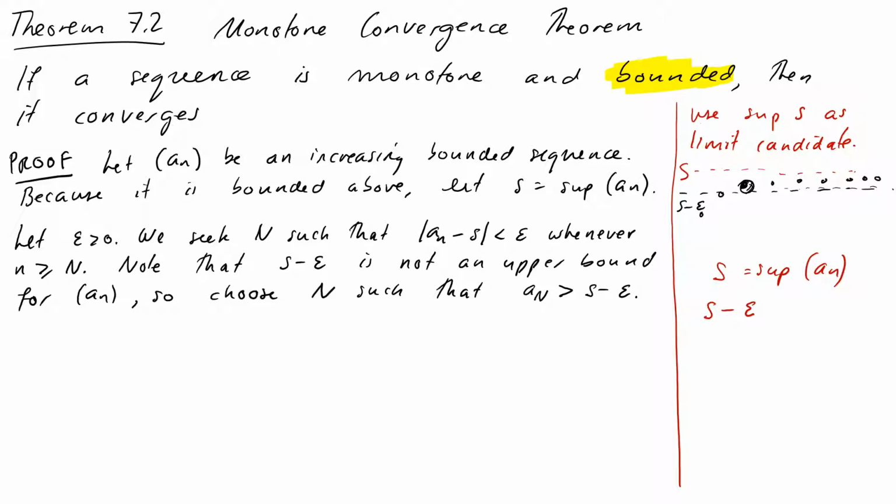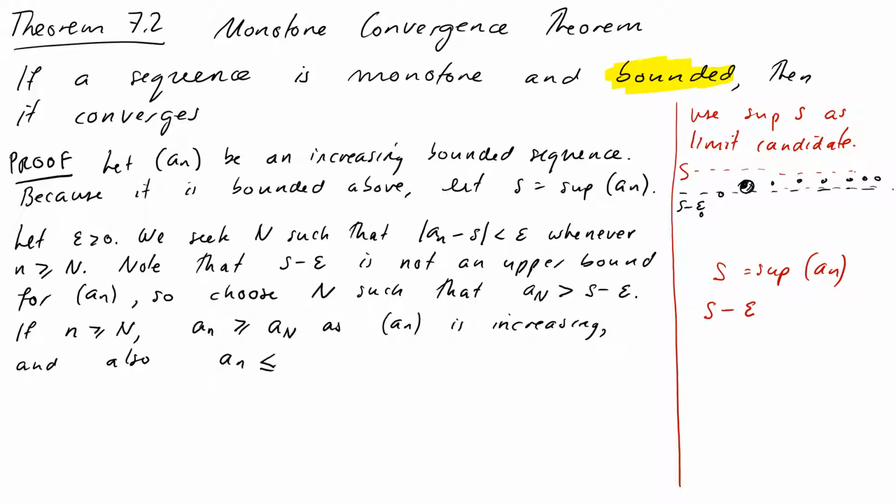And this is also the capital N that we're going to have for our convergence. Now, if n is greater than or equal to N, a_n is greater than or equal to a_N, as a_n is increasing, and also a_n is less than or equal to our supremum, hence the absolute value of a_n minus S is less than epsilon.